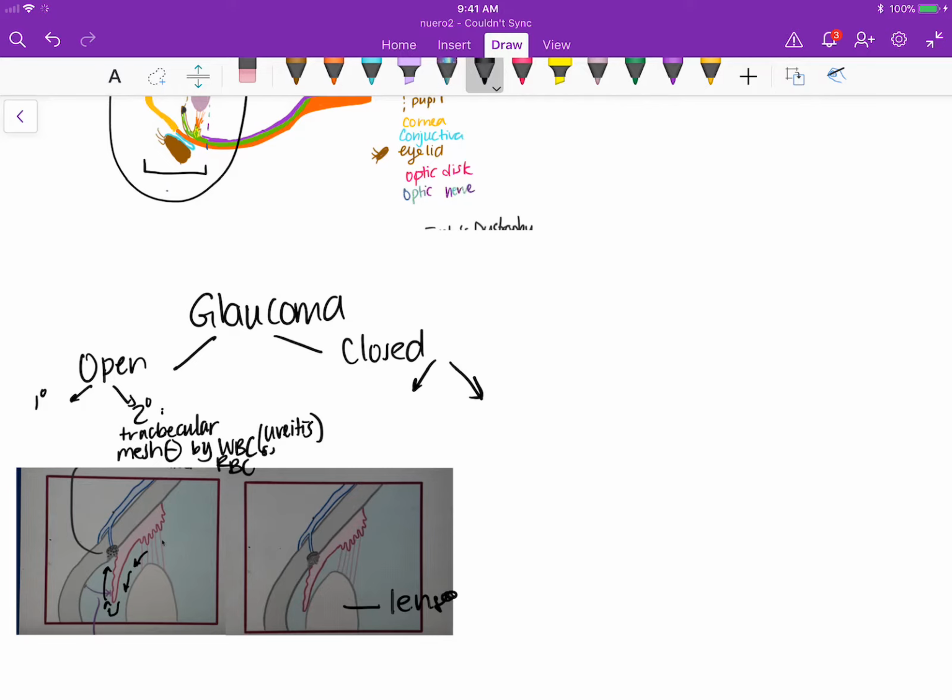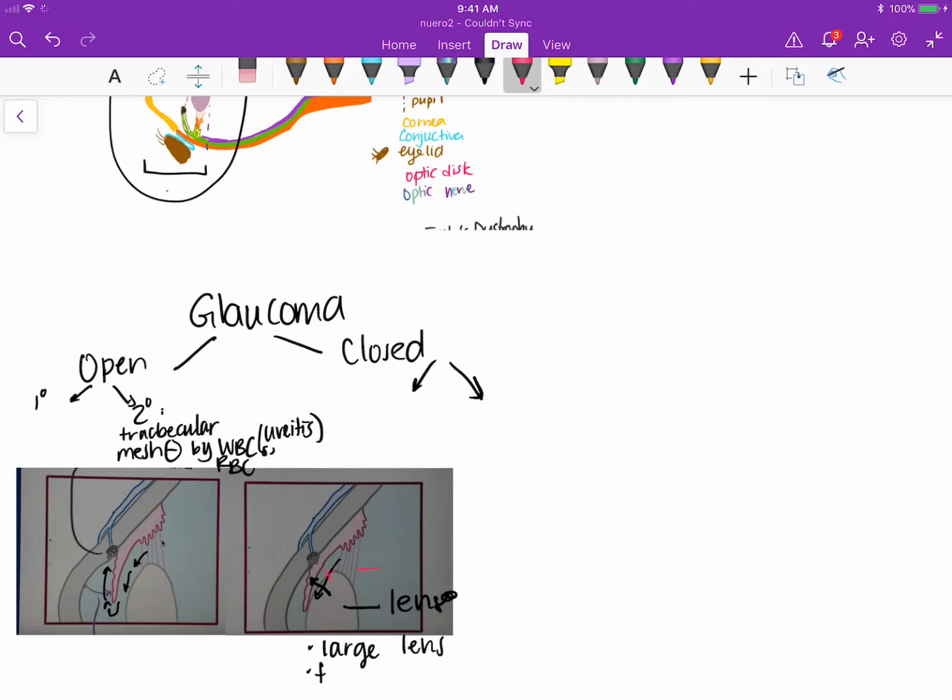So the lens is pushing against the iris, which is pushing into the cornea. So either due to a large lens, fluid builds up. It can no longer go forward like this.